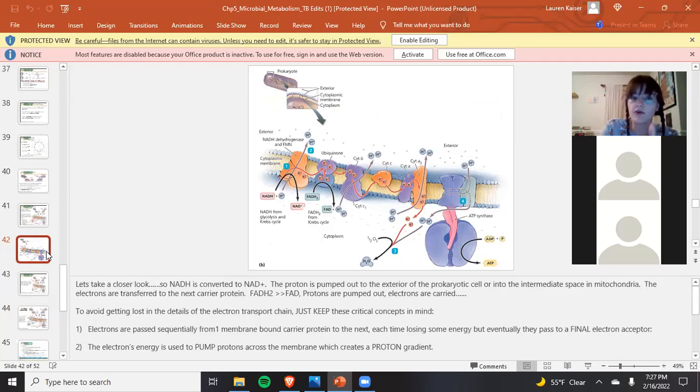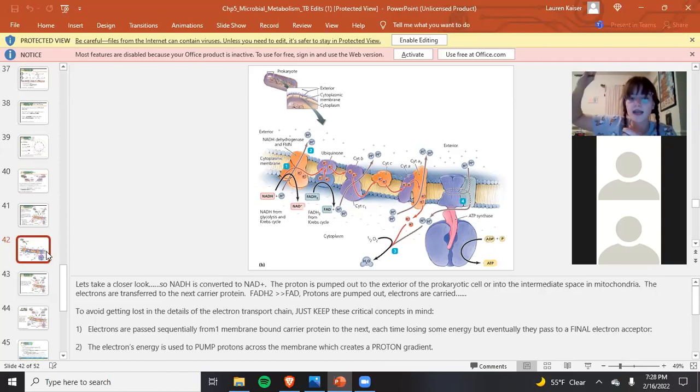So we pump those into the, I want to say carrier proteins. Let me double check that. Yes. So they're going into the carrier proteins, and then when they break the hydrogens off of those molecules, it's releasing energy, and the hydrogen's being pumped out of the cell or out of the area, right?